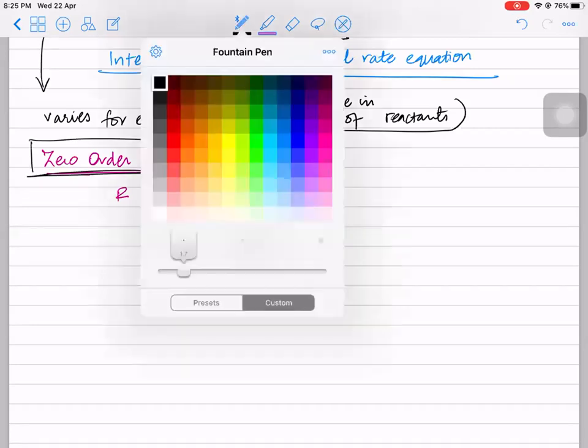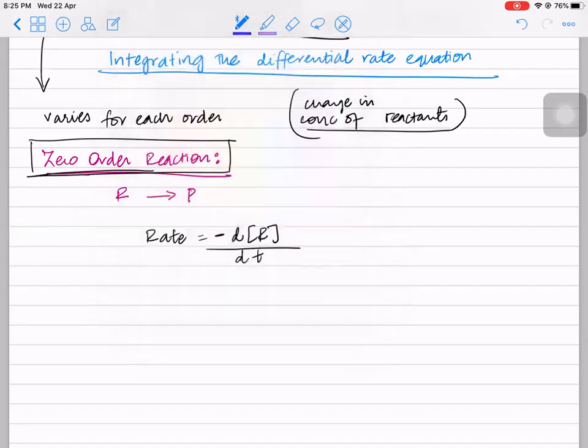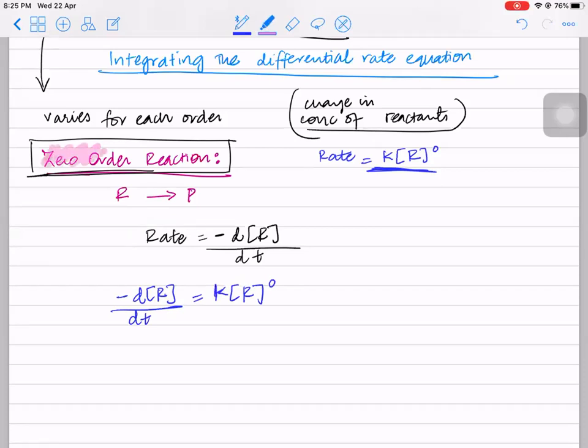What do you understand by zero order? Zero order means that rate is equal to K and the reactant is raised to the power 0. So can I put this instead of this, right? So can I say it will be minus d change in concentration upon delta t is equals to K R to the power 0, because I'm trying to find the integrated rate equation for which type of reactions?